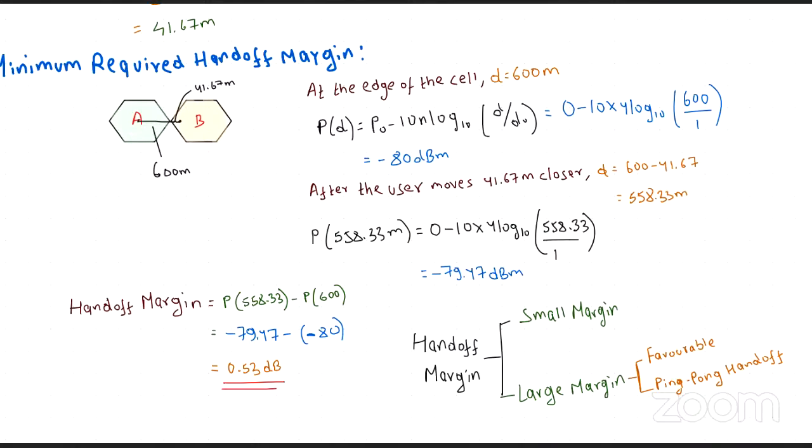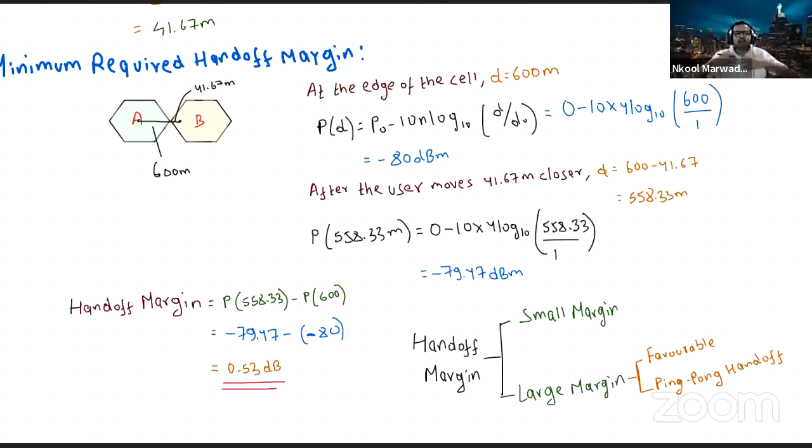If the margin is large, I am convinced that I have got a powerful signal. But if the margin is small, I am still confused. Should I move on? Should I switch to B?